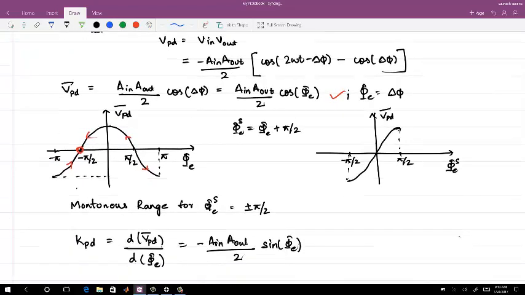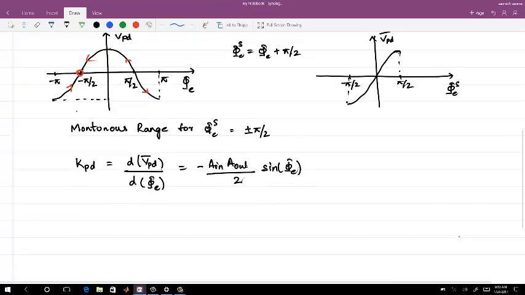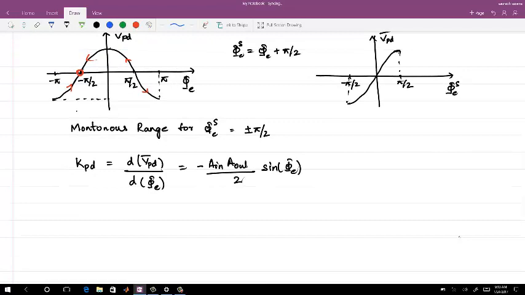No. Okay, so you have sine of phi is this. This is the gain curve.